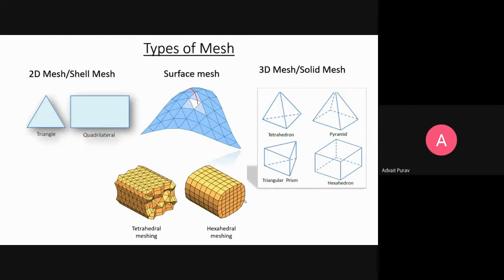So your kind of meshing depends upon the part that you want to perform the simulation on, and it mainly depends upon the designer and the simulation engineer. It's a collaboration between the two on what kind of meshing they would like to use, depending on the part they are using.